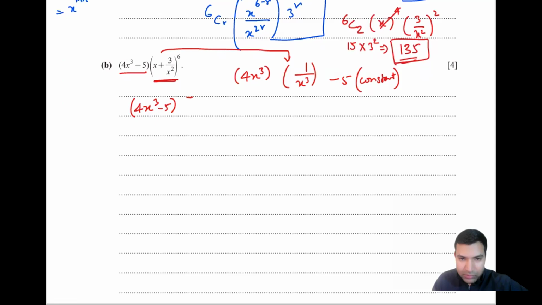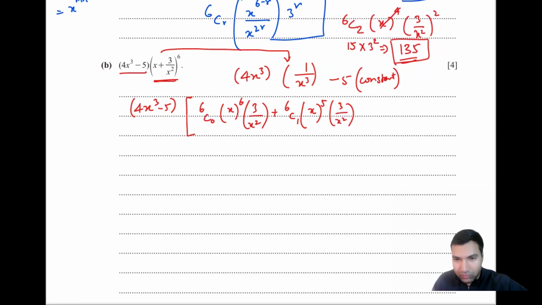Okay, so I'll just expand this. I'll start with 6c0, x to the power 6, 3 over x squared, plus 6c1, x to the power 5, 3 over x squared to the power 1, plus 6c2, x to the power 4, 3 over x squared to the power 2.